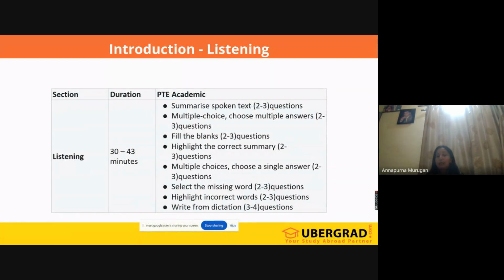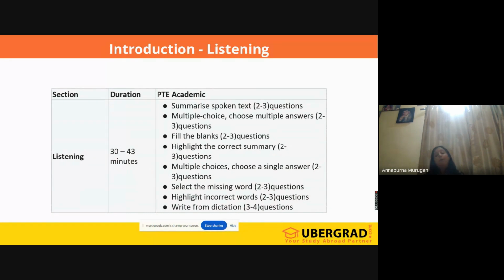We have one more similar type of question where whatever they are speaking is presented in the form of a paragraph, but in certain places there would be errors. Maybe the use of a word will have an error. So you need to listen and correct the incorrect words. That is also one type of listening question.